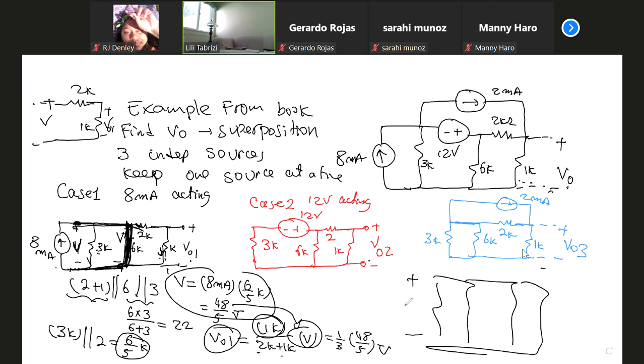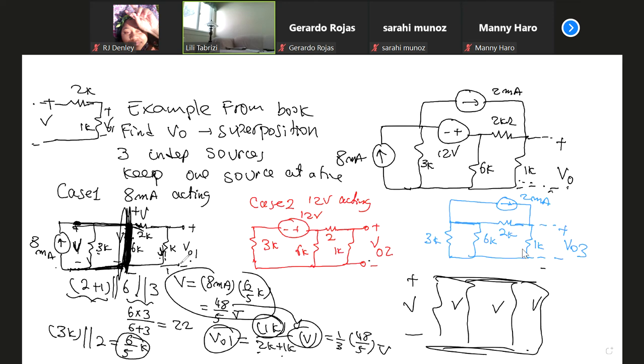If I find the voltage here, the voltage here is the same, across parallel, all the way through as many elements as you can pass while keeping them in parallel, because as long as they're in parallel, they keep the same voltage. So I move this V all the way to here. When I put plus or minus V here, what is to the right of V? 2 kilo ohm and 1 kilo ohm in series, right?